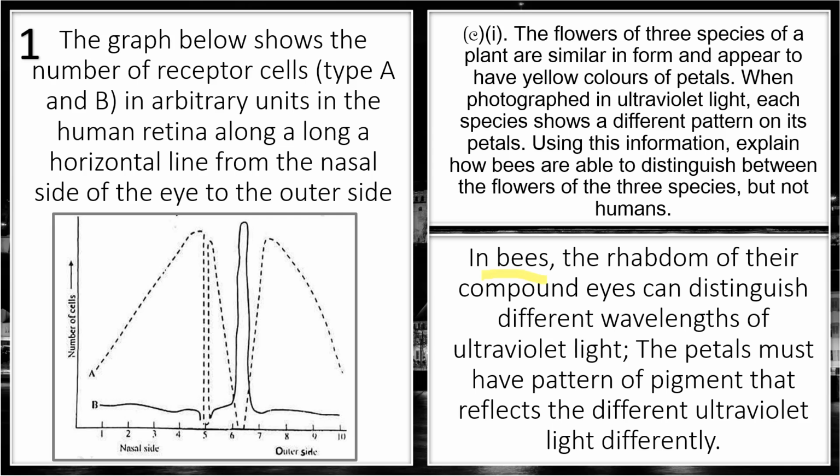In bees, rhabdoms in their compound eyes can distinguish the different wavelengths of ultraviolet light. The petals must have a pattern of pigment that reflects the different ultraviolet light differently.